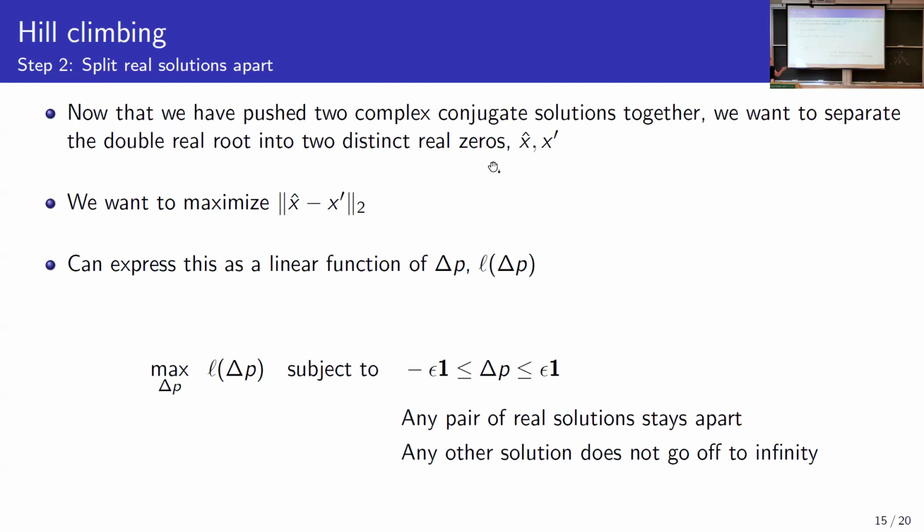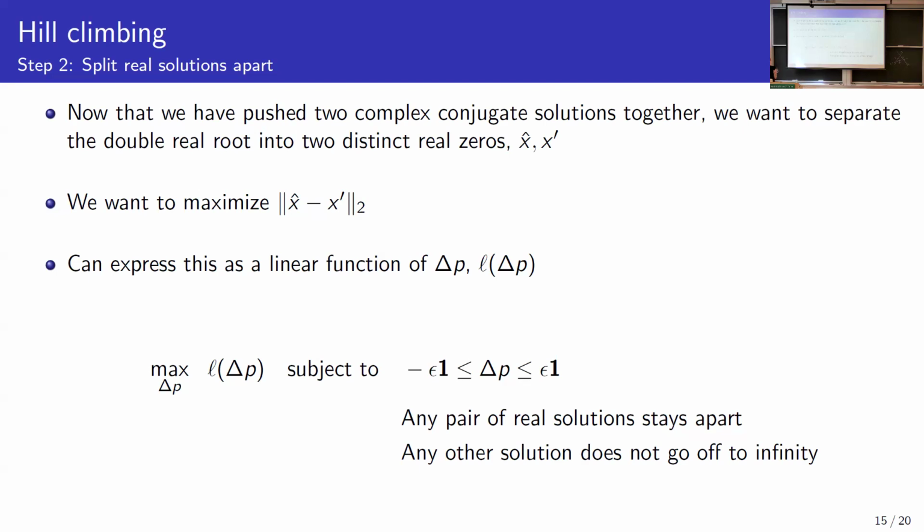Instead of minimizing the one norm of the imaginary part, I'm trying to maximize the change in the distance between these two solutions, but that's still a linear function. And then I still subject it to the same constraints because, as before, I don't want any other two real solutions to come together, nor any other solutions to go off to infinity.